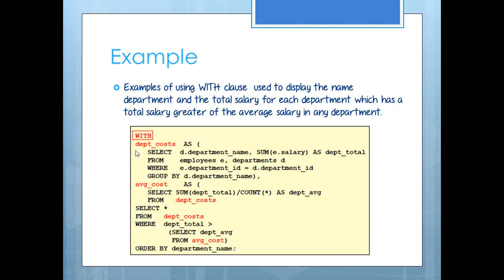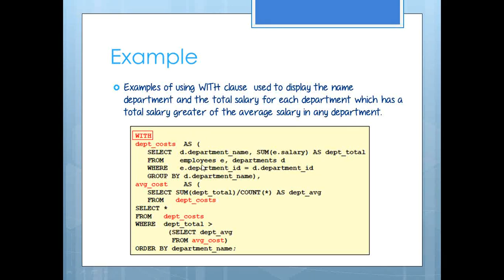With dept cost as the alias of this subquery. So we are looking for the sum of employee salary, which we alias as dept total, from two tables, group by department name.